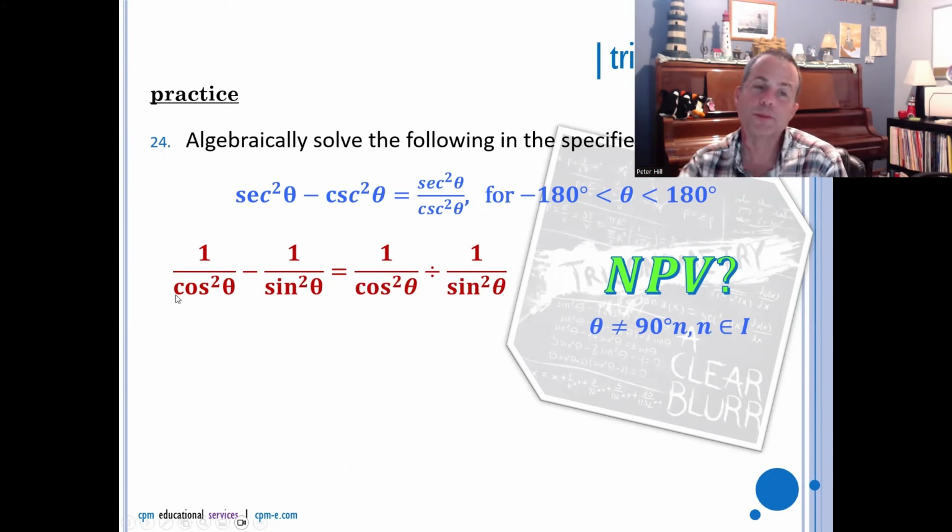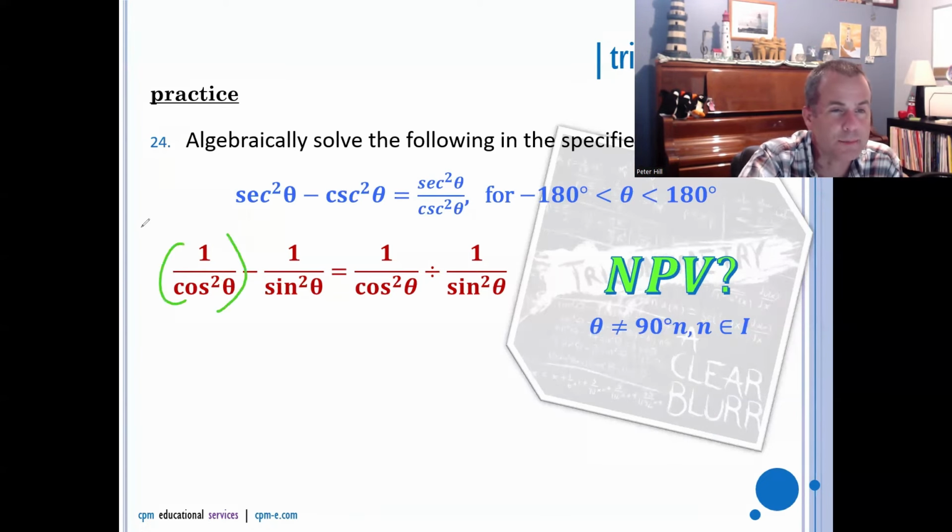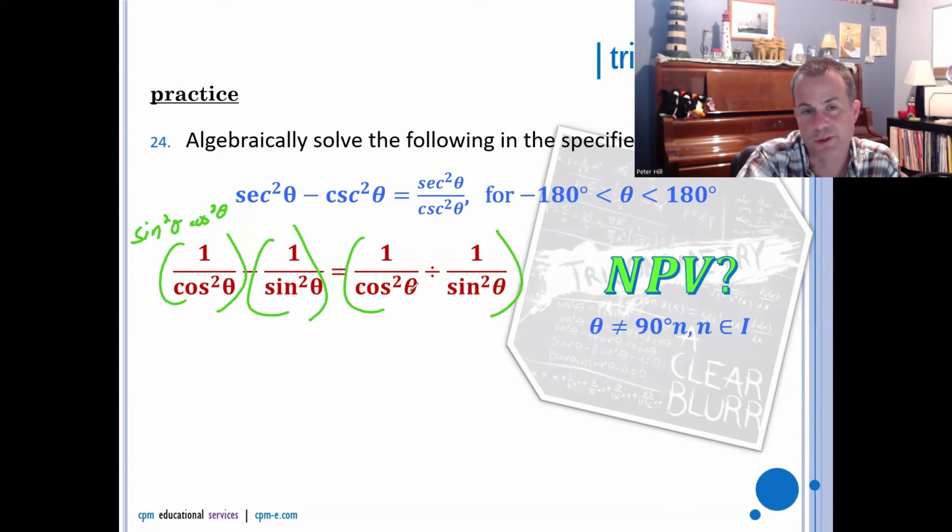And then I want to multiply everything by sine squared theta cos squared theta so that I get rid of my fractions. Okay, so essentially, I'm going to take this guy, multiply it by sine squared theta cos squared theta. Same thing on this guy and same thing on this guy. Remember, this is now sine squared over cos squared.